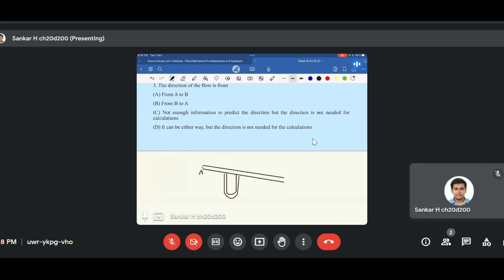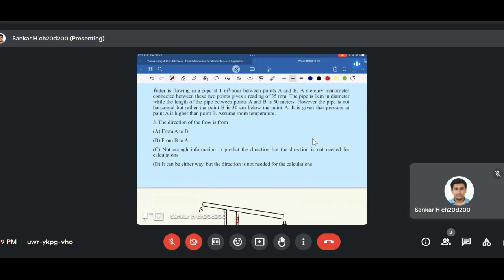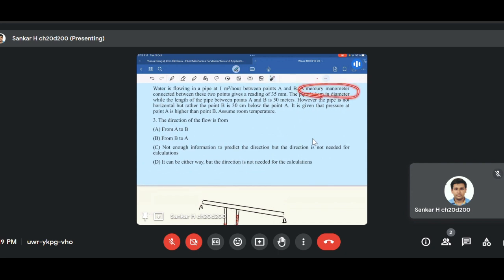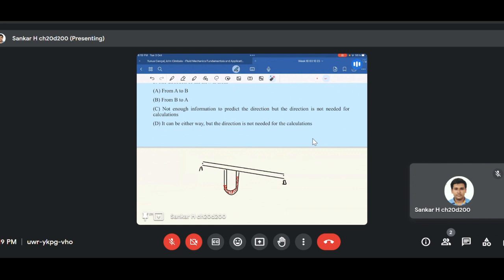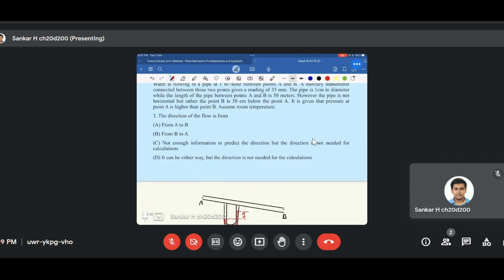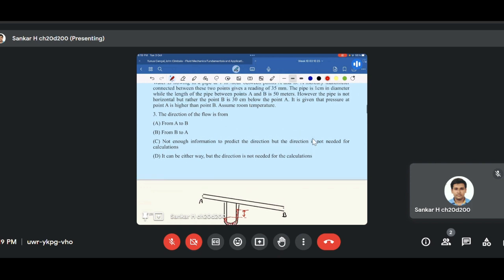So let this be point A, let this be point B, and it is given that pressure at A is higher than pressure at B. Therefore the limb in A would be lower than the limb that is there for B. And let us assume that this is filled with mercury, because we have been told a mercury manometer is used, and the difference between these two lengths gives a reading of 35 millimeters.